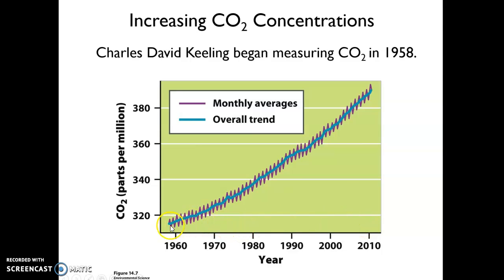Now, let's take a look at the purple line, the monthly average, which you can see goes up and down. So there's a peak and a valley and a peak and a valley, one peak and one valley within each year. So think about what would cause that. Why would there be more CO2 and less CO2 every year? Well, the less CO2 is when we have our trees that are taking CO2 out of the atmosphere for photosynthesis.